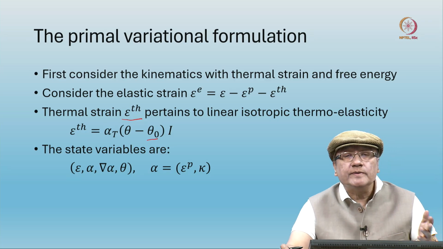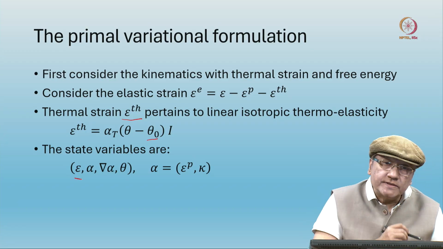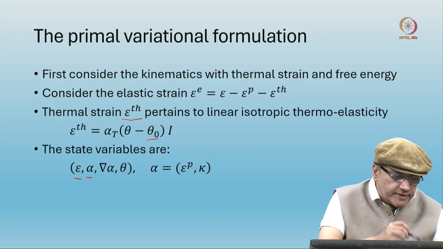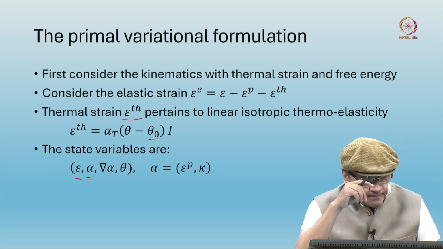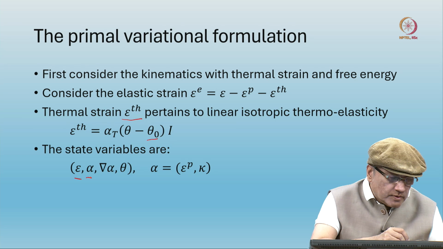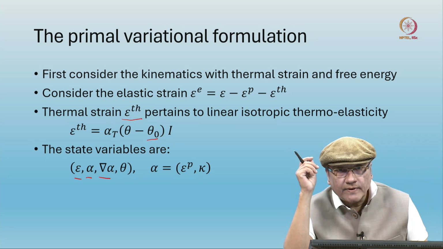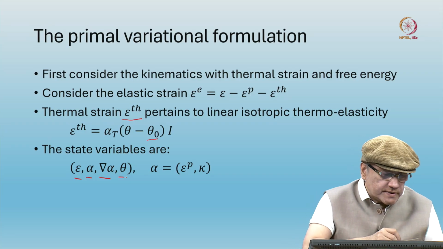So the state variables for us therefore will be the strain, which is the usual thing, the internal variables alpha. But what will be new here is that we will also account for the gradient of the internal variables, grad alpha, and of course theta.